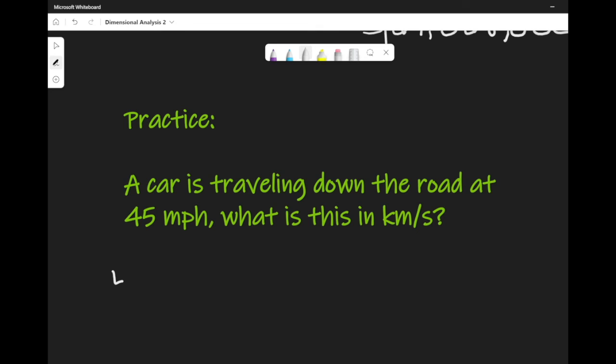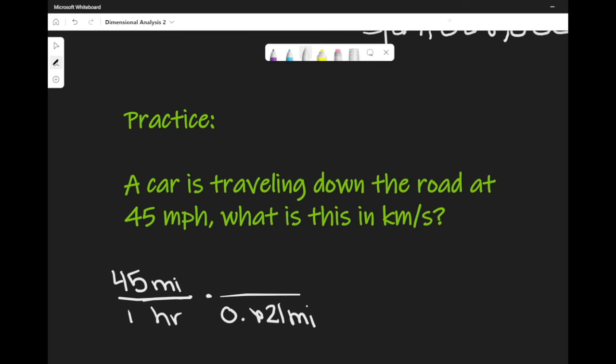Now, we have 45 miles per hour. And again, this is going to be 1 hour. I want to convert my miles into kilometers. And we actually already had a conversion factor in the previous problem. 0.621 miles is 1 kilometer.